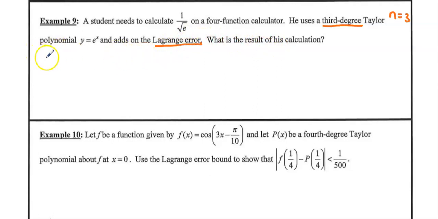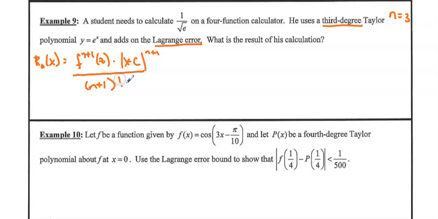So let's look at, first of all, the Lagrange error. Just like in the previous example, we're going to write up our equation for this. In this case, we're looking at f of n plus 1 of z, and we're going to multiply that times x minus c to the n plus 1, and this is all over n plus 1 factorial.